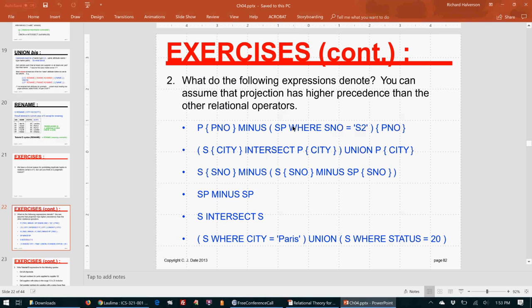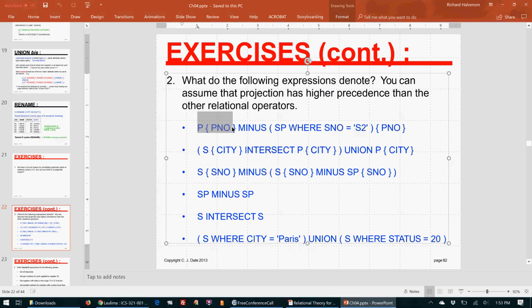So this denotes all the PNOs, just the column of PNOs, all 1, 2, 3, 4, 5, 6. This is, well, what's this? First of all, this is a column of PNOs. We know that. Whatever this is, presumably there'll be a PNO in there.